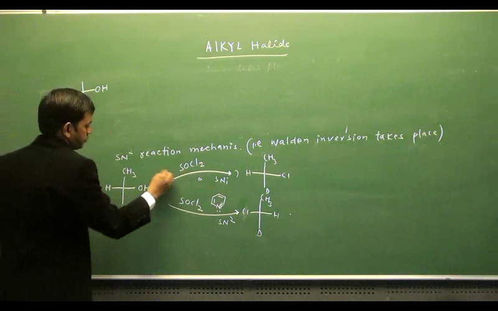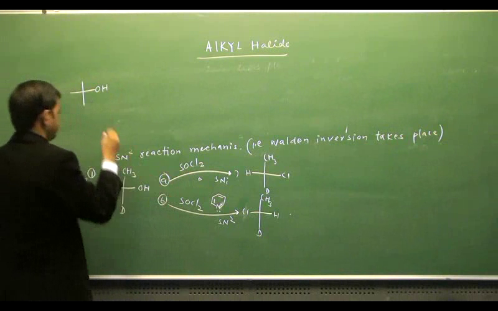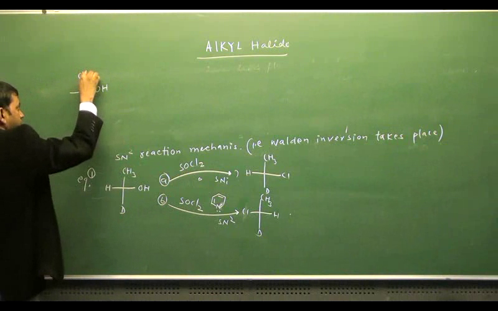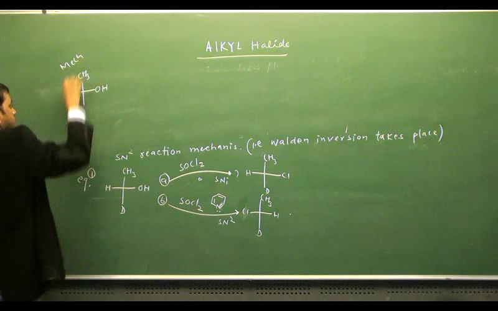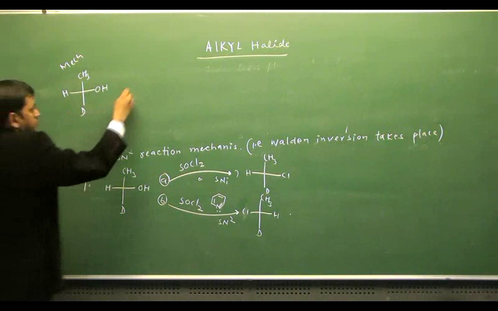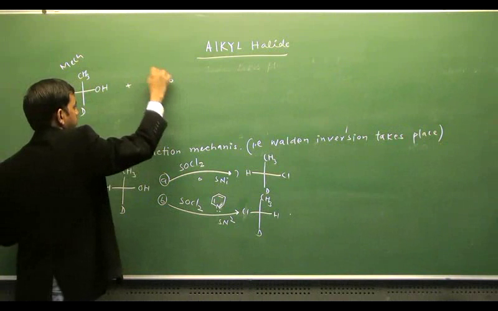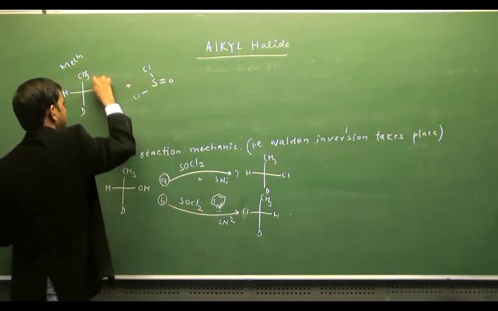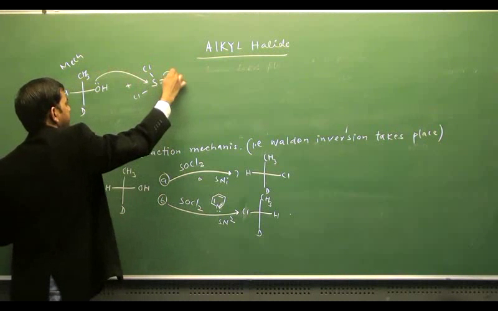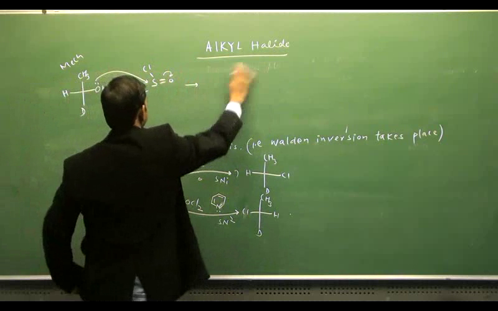If this reaction is A and the other is B, with A, the mechanism: it reacts with SOCl2, similar mechanism, SNi, it gives the intermediate.